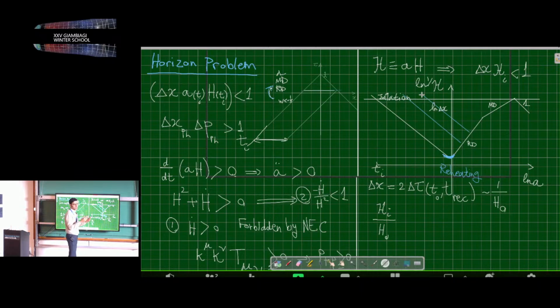Now, I want to consider some benchmark model for reheating, assuming that this transition from the period of accelerated expansion to radiation domination happens at a temperature of order the grand unification energy. This is perhaps mostly for historical reasons. At the time when people invented inflation, grand unification was very popular. That's one reason why benchmark models refer to the grand unification scale.